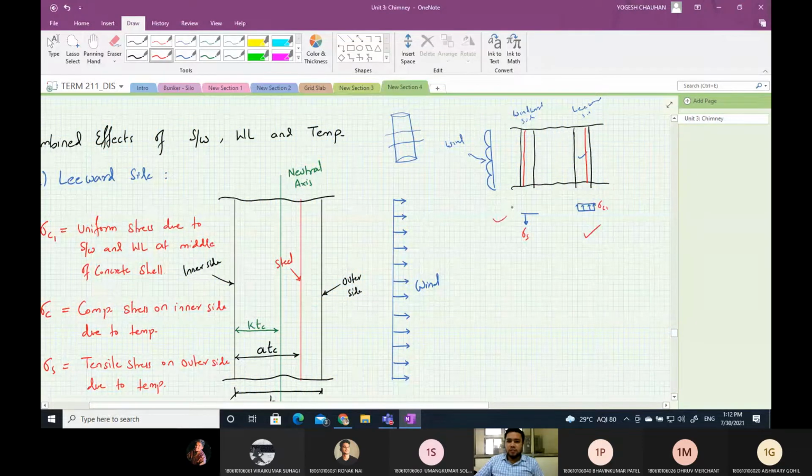Now today we will discuss the windward side case. This face is the outer face for the leeward side, and this was the inner side. For the windward side, which we are going to discuss today, this will be the outer side and this will be the inner side.